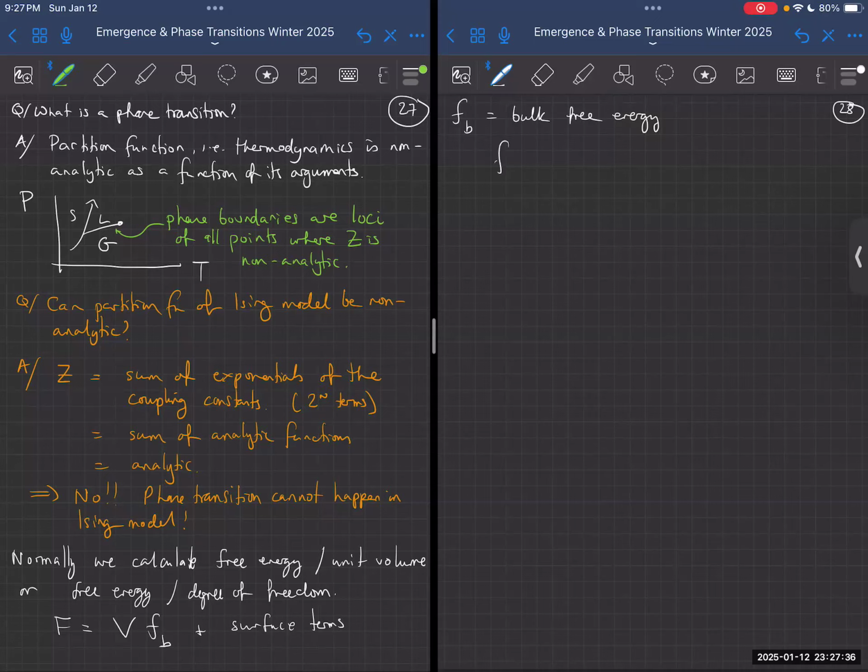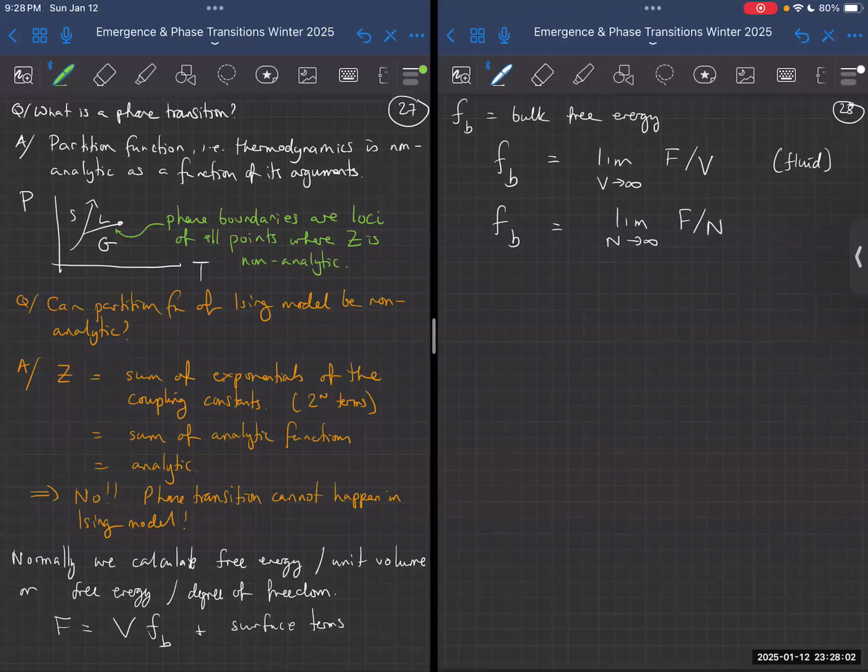is literally just defined by saying FB is the limit as V goes to infinity of the free energy per unit volume. Or in the case of a spin system, FB is the limit as n goes to infinity of F over n.